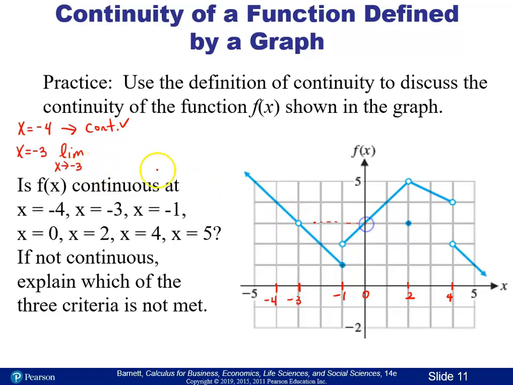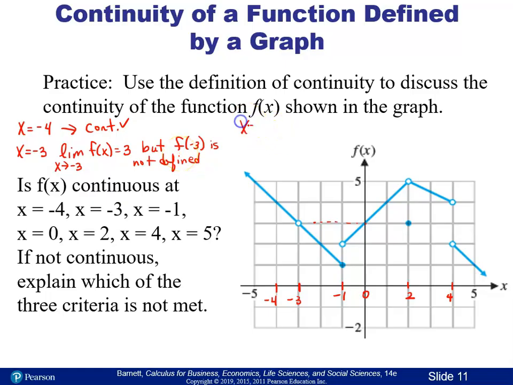That limit is equal to 3. But f of -3 is not defined. So we make it to the second step. First step's good, second step's not defined.